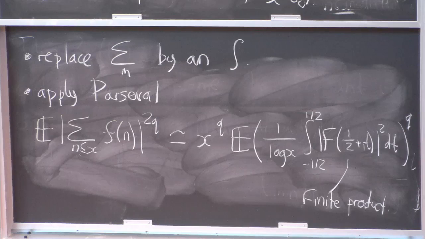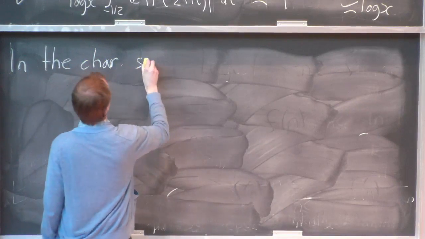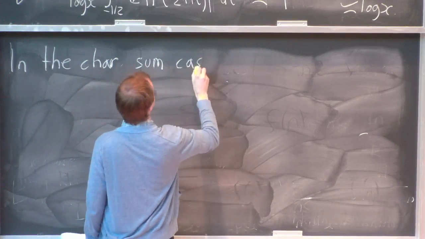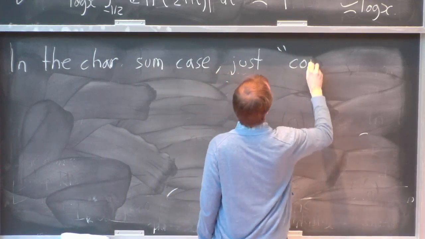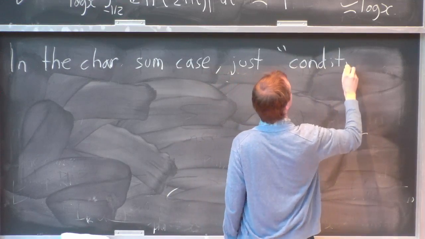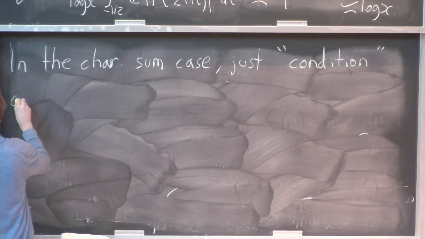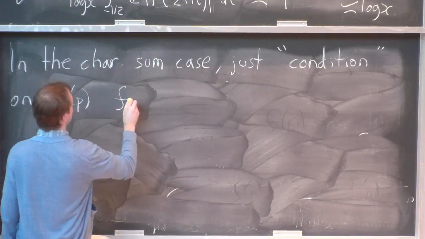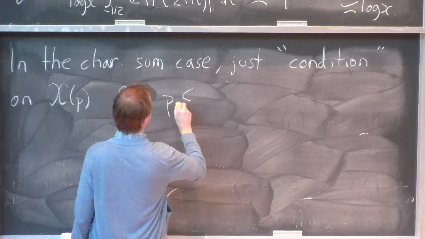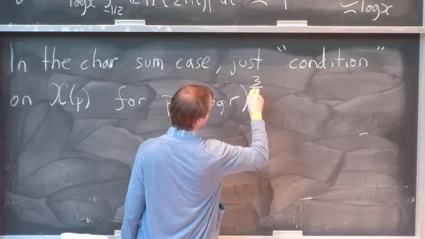So in the character sum case, just condition, whatever the arithmetic version of conditioning is. So just condition on the values chi of p for p up to about, let's say, log r to the 3/4.